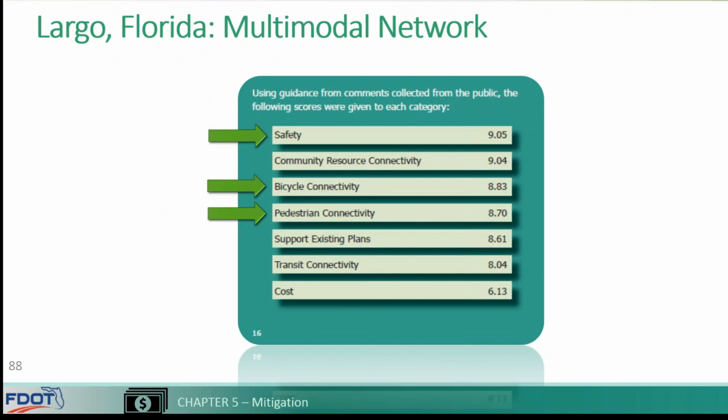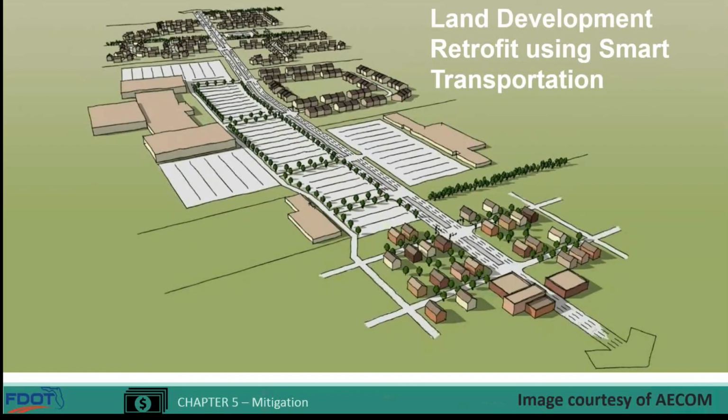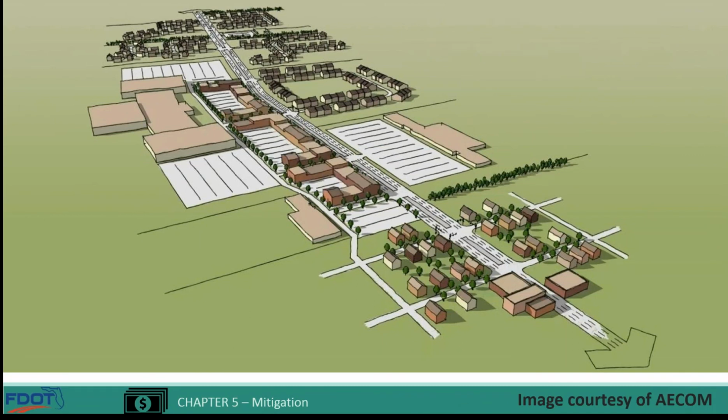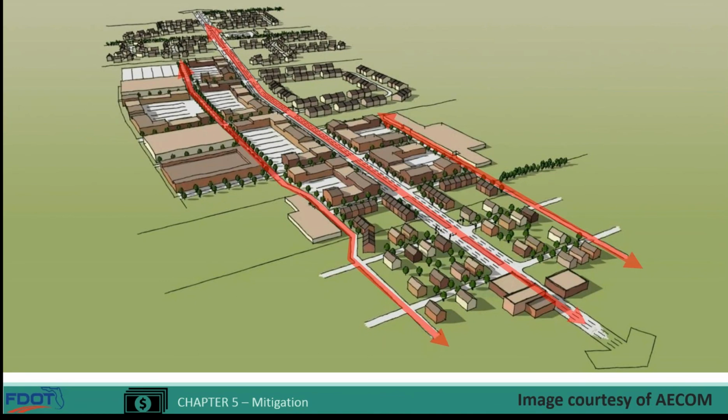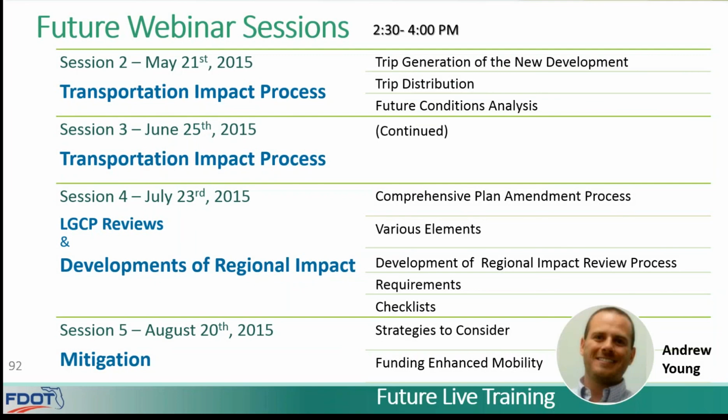And based on public input, they assigned different ranks for those categories that they felt were most important in their community. And it wasn't necessarily cost. And some other things from the Mobility Review Guide, providing some options for backage roads and improving the network connectivity.